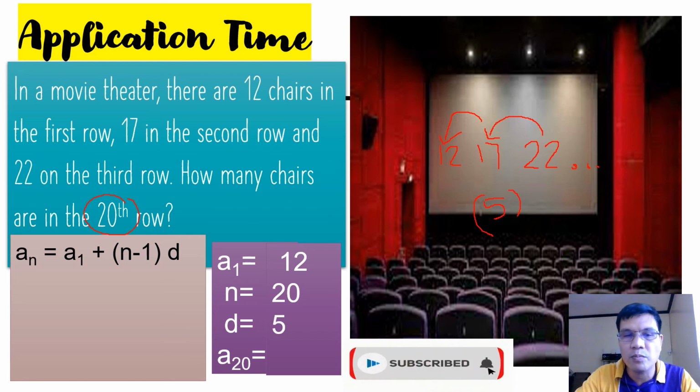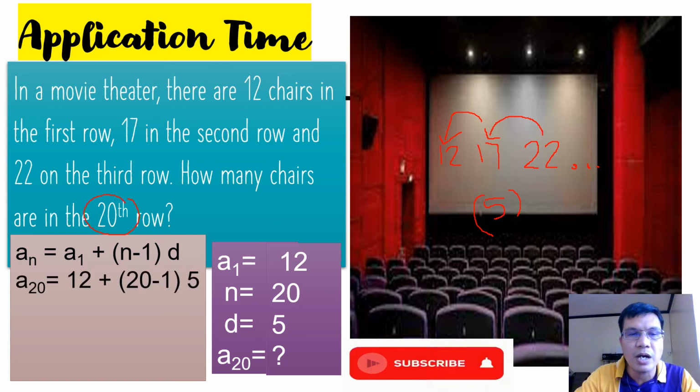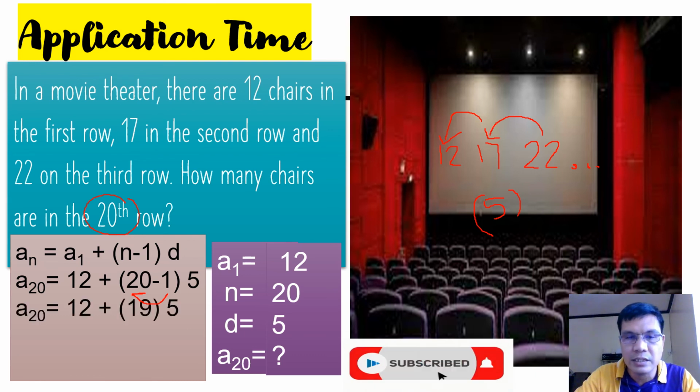So we are looking for a sub 20. Okay. So let us translate. A sub n will become a sub 20 is equals to our first term, 12, plus 20, yung ating n, minus 1 times 5. So unahin uli natin, 20 minus 1, that is 19.